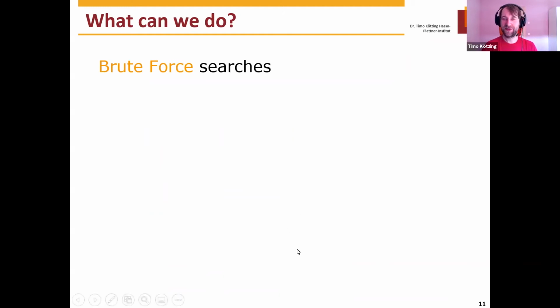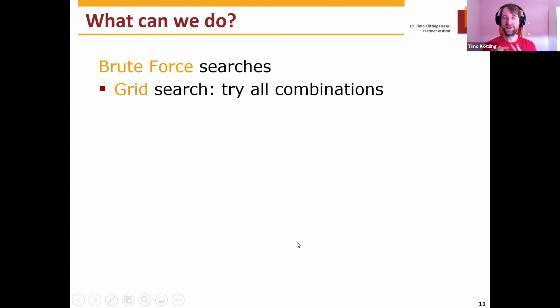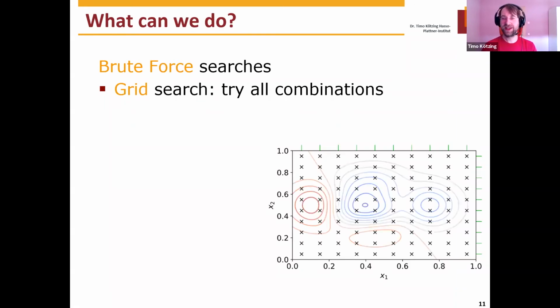So you have some kind of grid search, for example, where you want to try all kinds of combinations. You have some parameters x1 and x2 between 0 and 1. You just pick possible values for x1 and x2, and you try all combinations. And then you already see a certain landscape coming out of this.